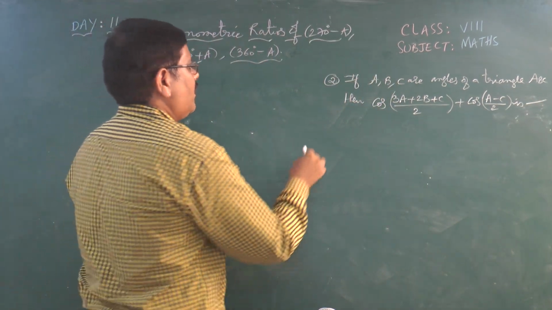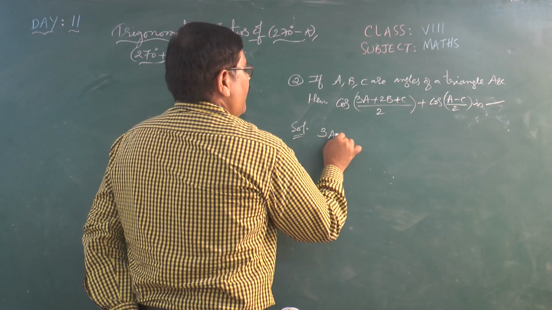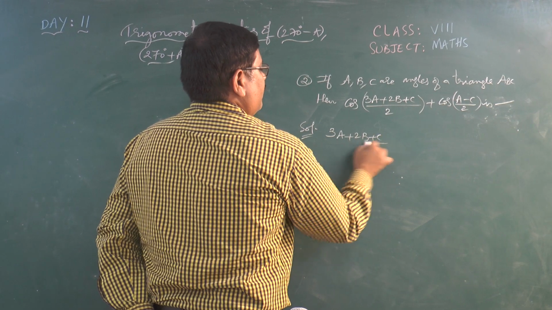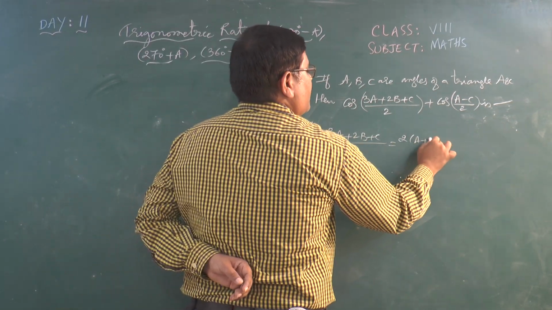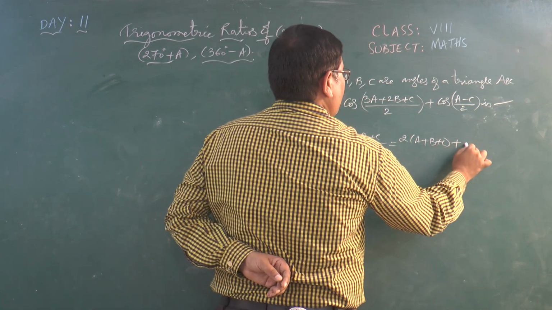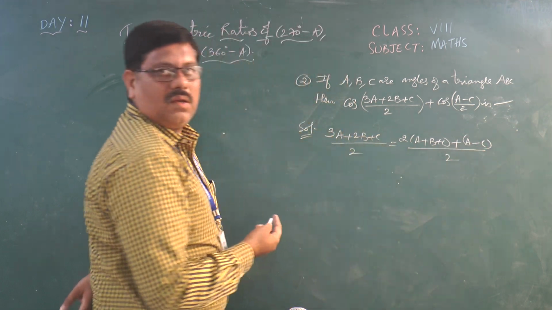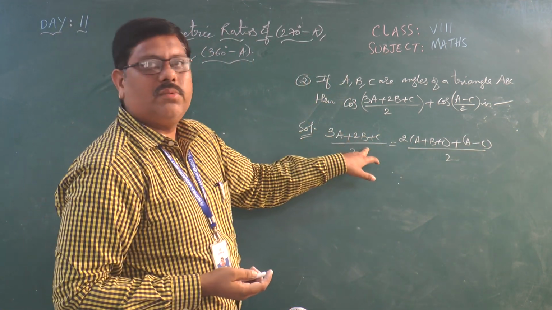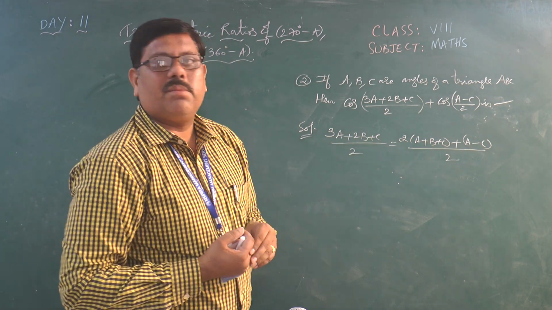Okay, if you look at this solution, let me take (3A plus 2B plus C) by 2. I can write it as (2 times (A plus B plus C) plus (A minus C)) by 2. I am just regrouping: 3A plus 2B plus C I am writing as 2 of (A plus B plus C) plus (A minus C), all by 2.